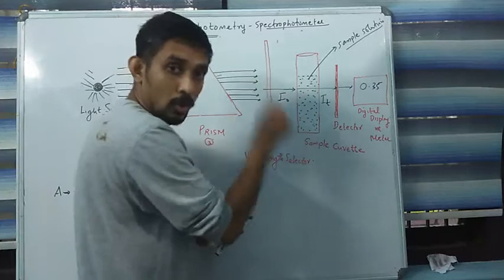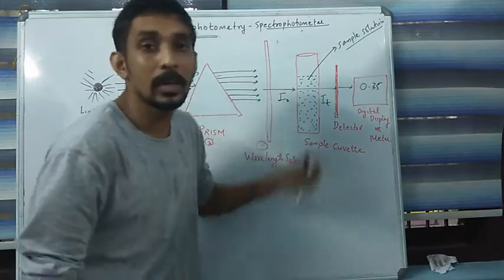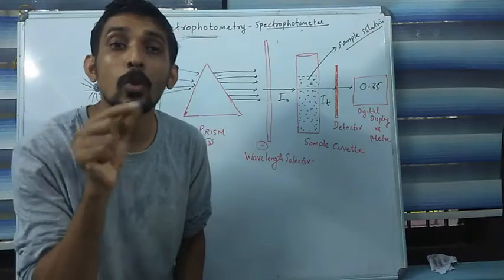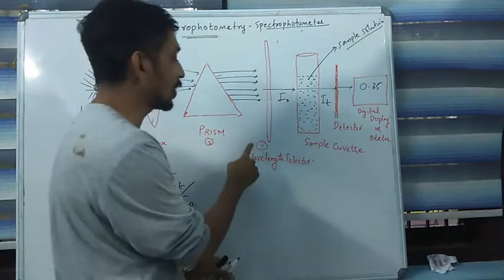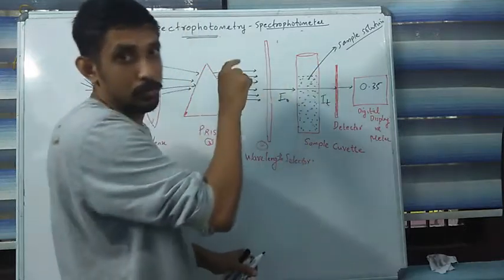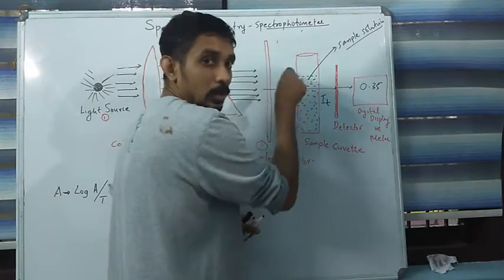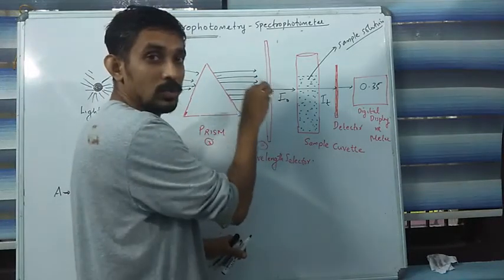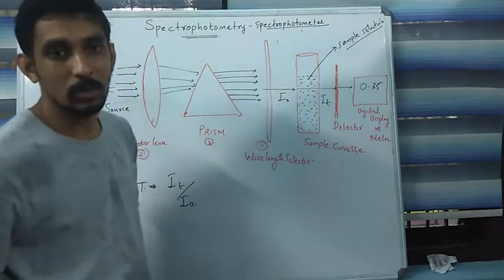If I need to know whether chlorophyll A molecules are present in this sample, the wavelength selector allows only those wavelengths that are most probably absorbed by chlorophyll A. So it allows only the wavelengths most apt and suitable to test the sample solution.